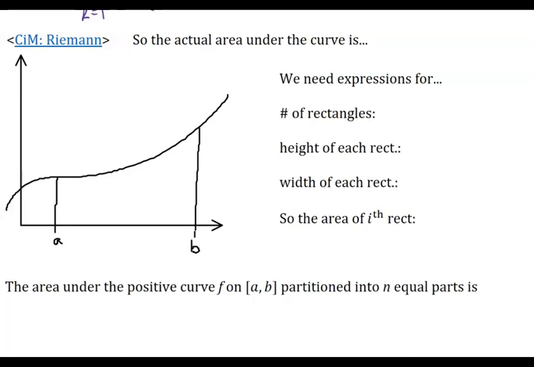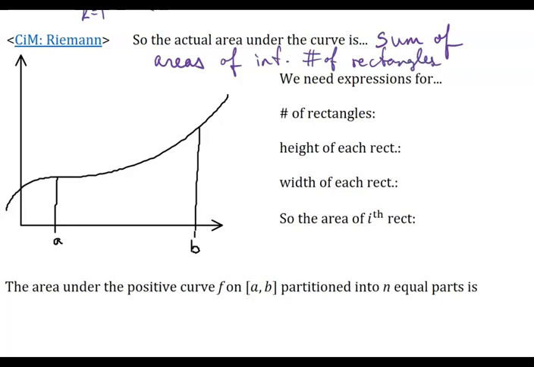But when we're talking about the area under a positive curve, it is going to be the sum of the areas of an infinite number of rectangles. We want that number of rectangles to approach infinity. So let's figure out how to express all of this analytically so that we can evaluate it without having to come up with the areas for an infinite number of rectangles.